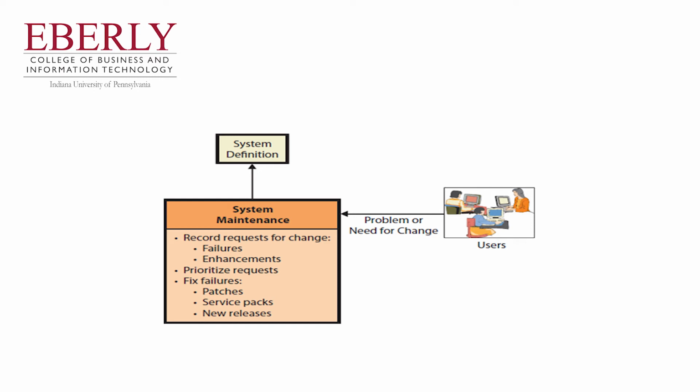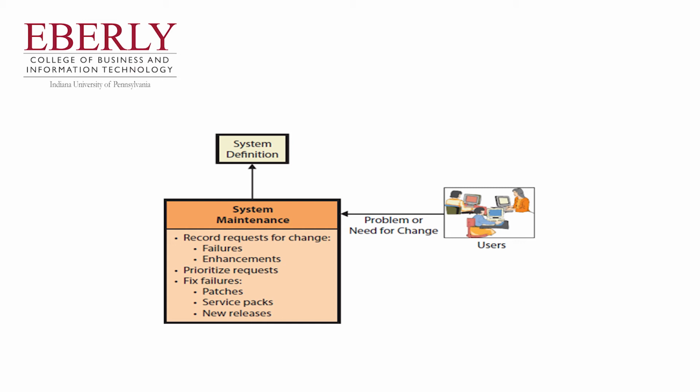First, there needs to be a means for tracking both failures and requests for enhancements to meet new requirements. For small systems, organizations can track failures and enhancements using word processing documents. As a system becomes larger, however, and as the number of failures and enhancement requests increases, many organizations find it necessary to develop a tracking database.